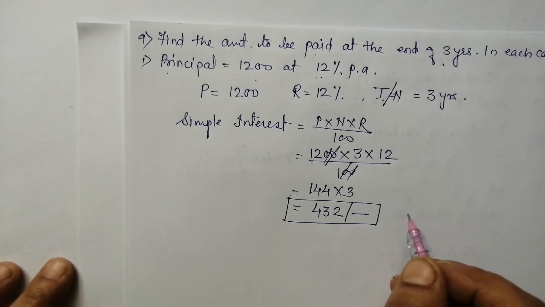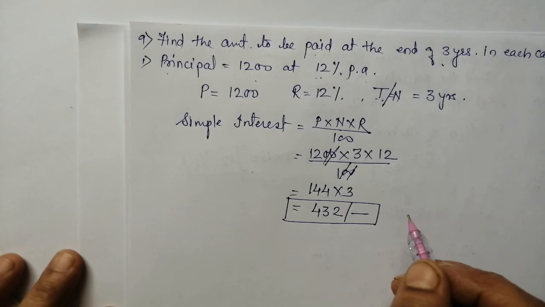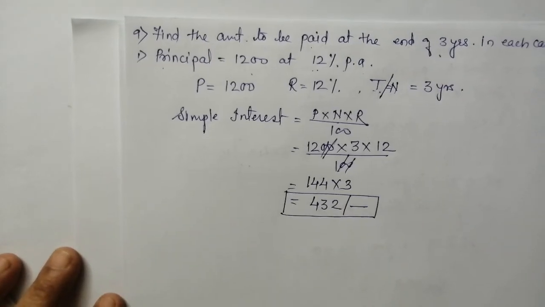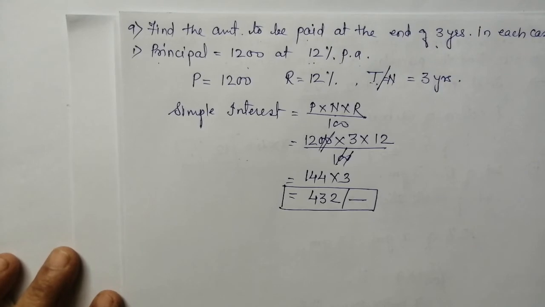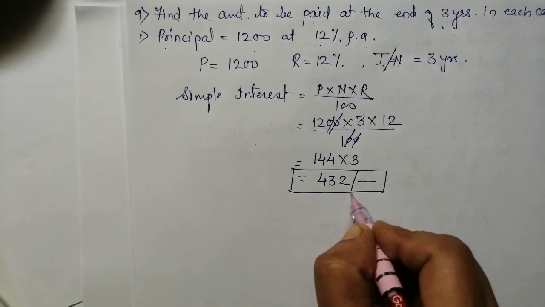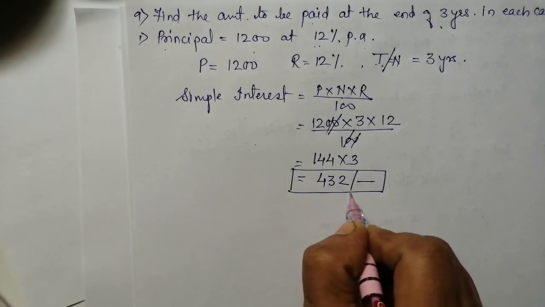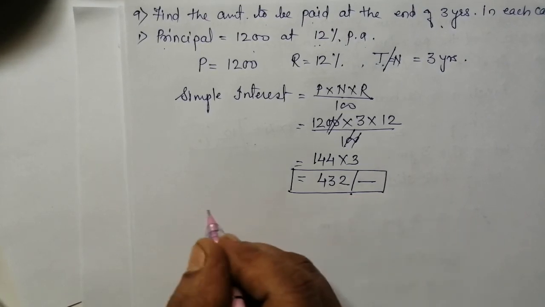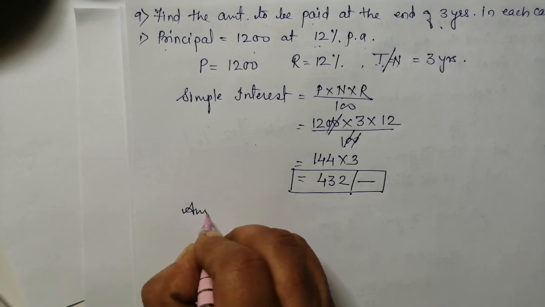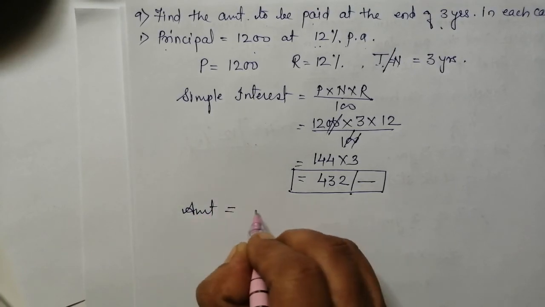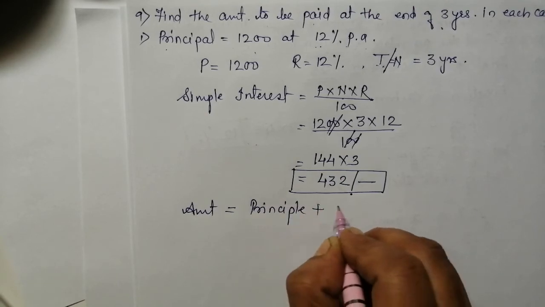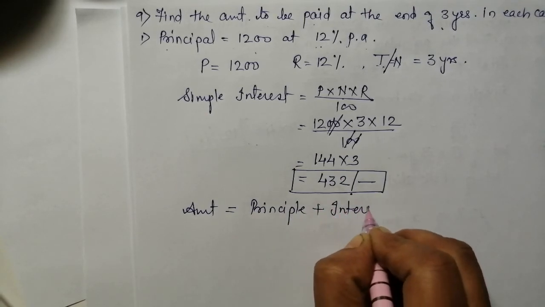Means here what is the amount after the 3 years in each case you have to pay. Here simple interest is equal to 432. Now you have to find out the amount paid. So therefore amount is equal to principal plus interest.